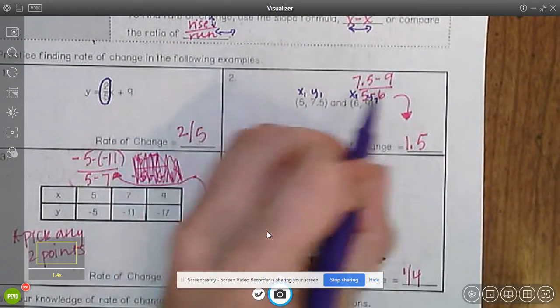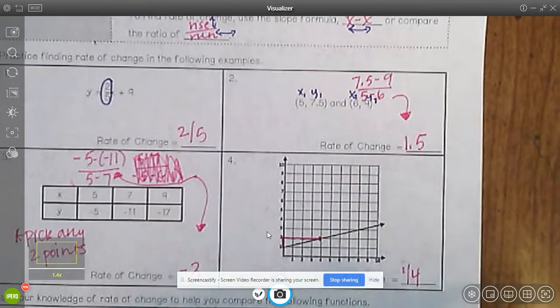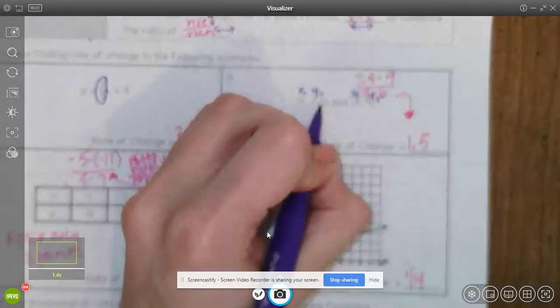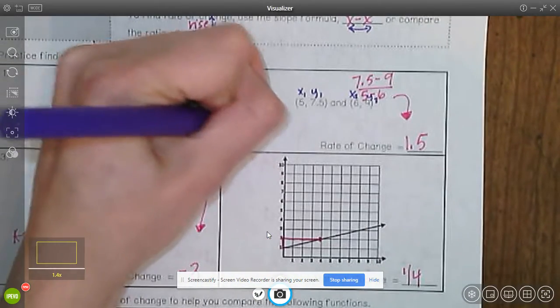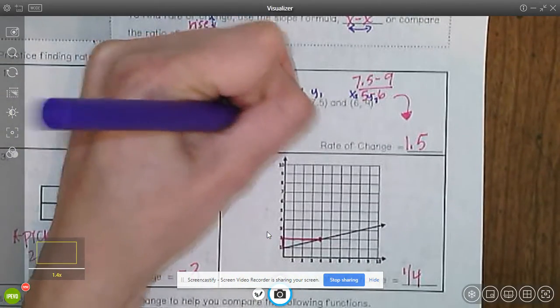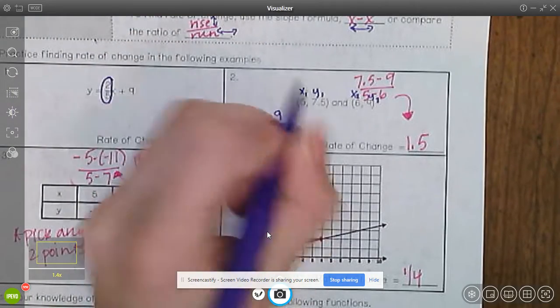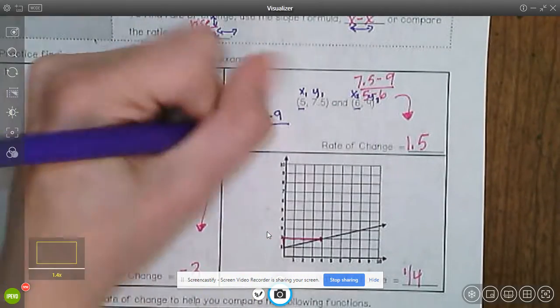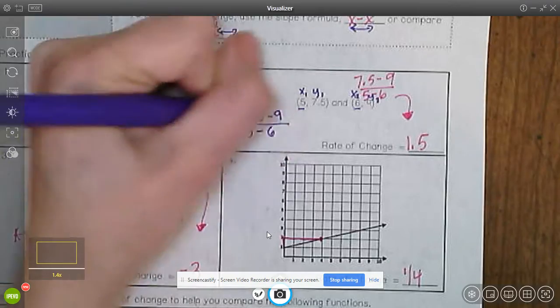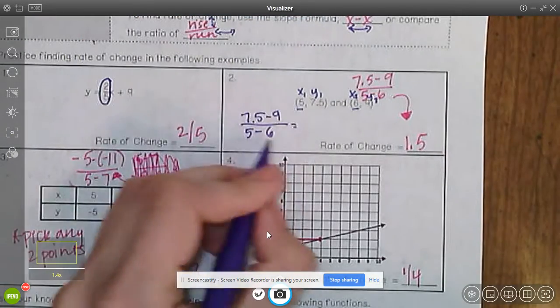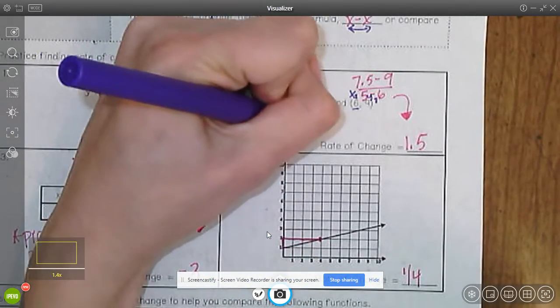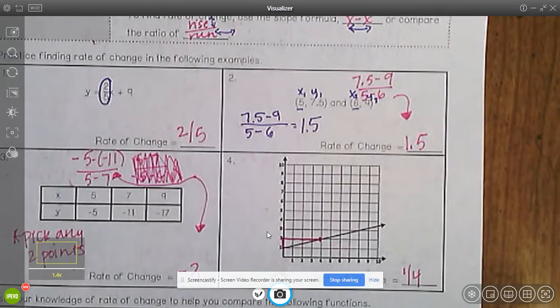Okay, so in our formula, remember, you can do either order as long as you keep it consistent. So if we do y minus y, 7.5 minus 9 over x minus x, 5 minus 6. Once we simplify all this, we get 1.5 as the rate of change.